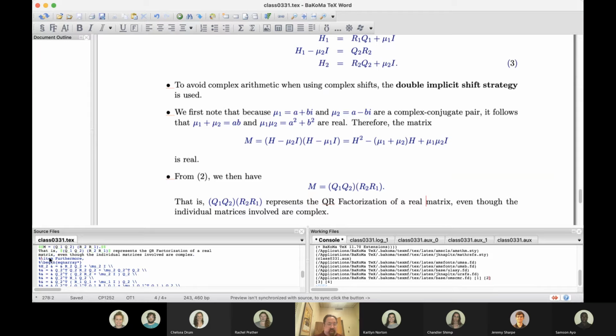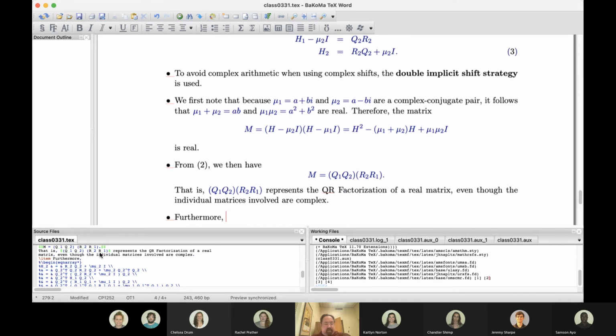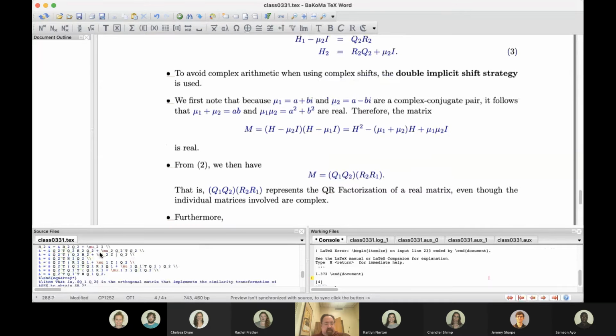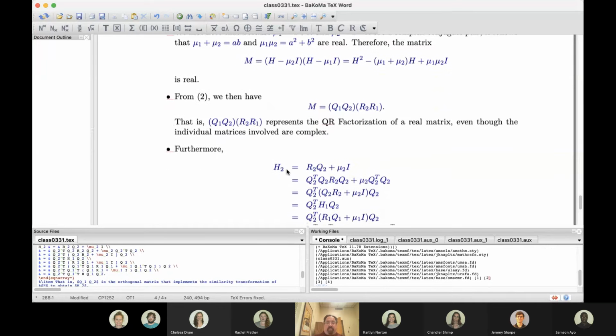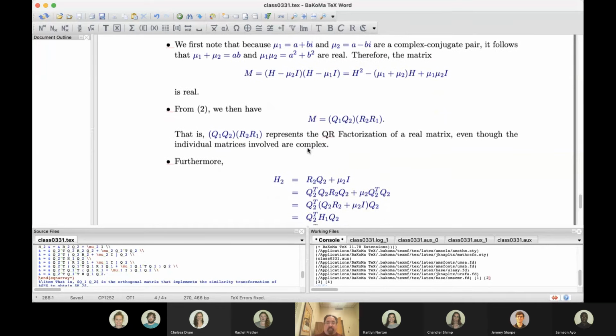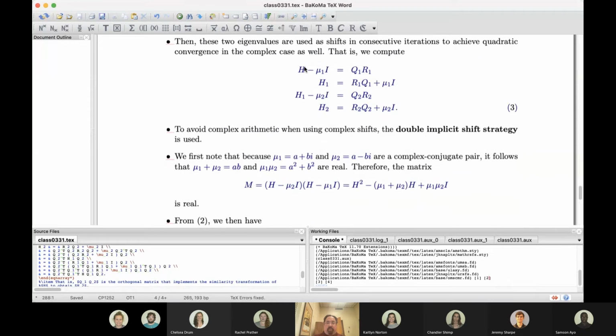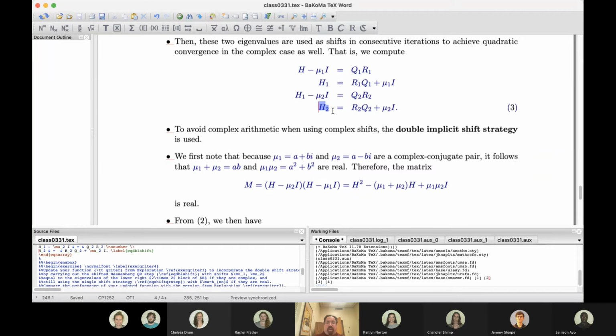Now, why that is helpful is the following. If I look at the final result of these two steps, because if we look back, we start with H, we perform a QR step, we get H1. We perform another QR step with a conjugate shift, and H2 comes out. H2 is what we want.